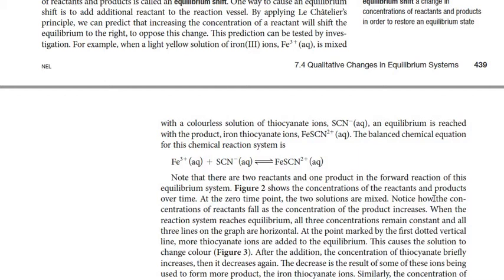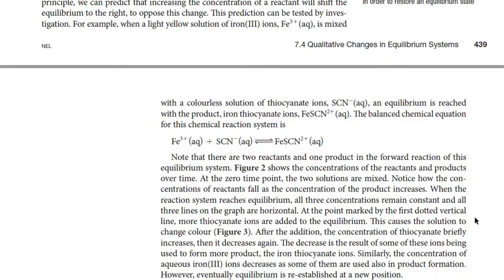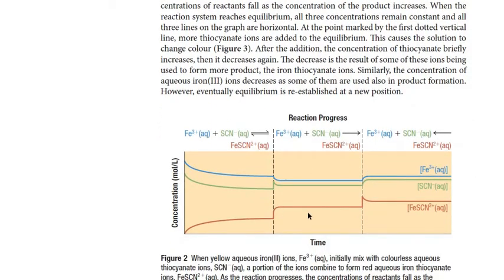Figure 2 shows the concentration of the reactants and products over time. At the zero time point, the two solutions are mixed. Notice how the concentration of reactants falls as the concentration of the product increases. So as you see here, that's how it falls.